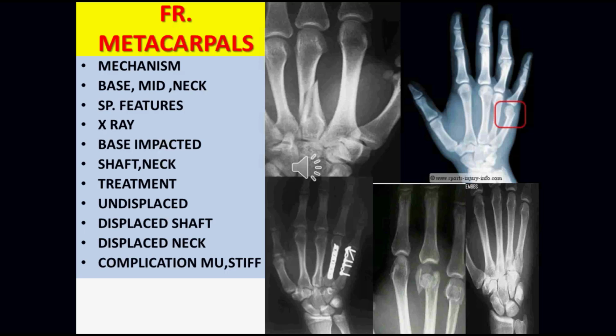If the reduction cannot be maintained, open reduction and internal fixation is required. Fracture of the head: closed reduction can be treated non-operatively if fragments are undisplaced. Displaced fragments like intra-articular fracture may need perfect reduction. Complications: malunion and stiffness.